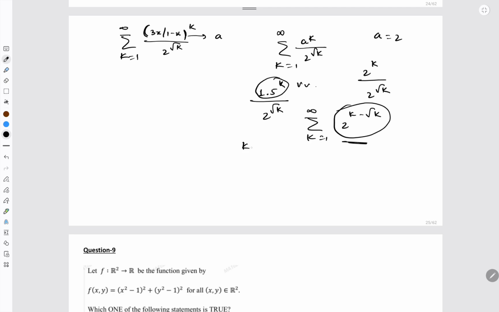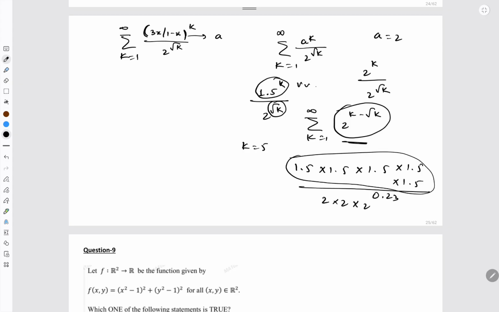Even if I take k as 5, 1.5 multiplied 5 times and 2 raised to the power under root 5, which is 2.23, this quantity is higher for smaller k. If I take larger k, it will be even higher. Higher terms adding up means the series will be divergent.